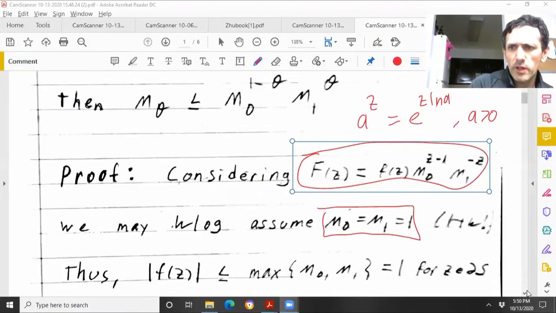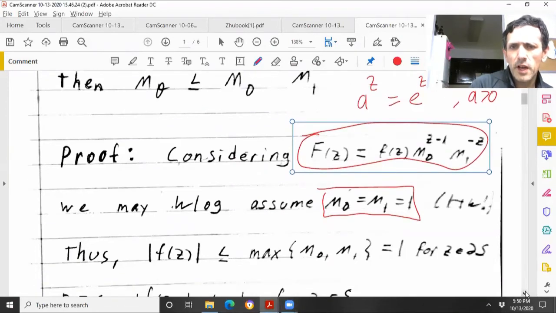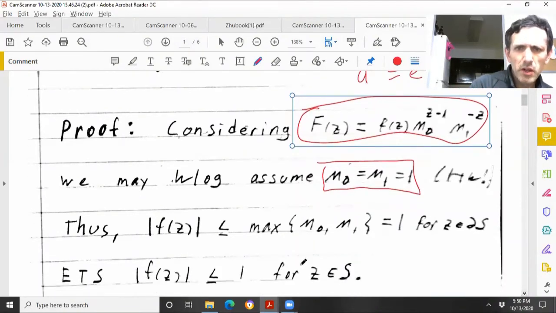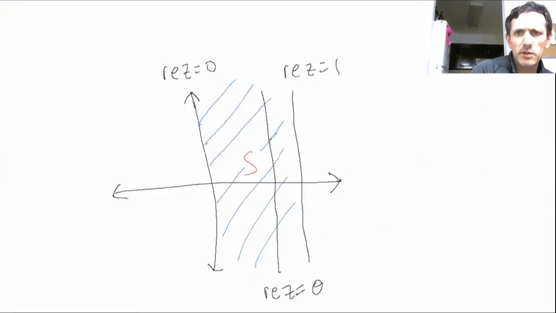So we can assume F is bounded above in modulus by 1 for z in the boundary of the strip. What we want to do is prove that the modulus of F of z is less than or equal to 1 for all z in the strip. In particular, we'll then get that along this line here, because this line is in the strip, the modulus of F of z is less than or equal to 1 along this line. So this is our task here.